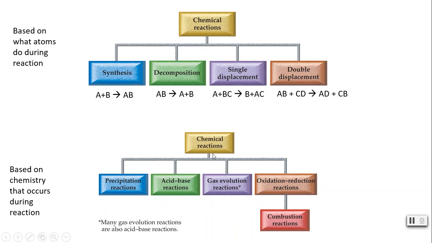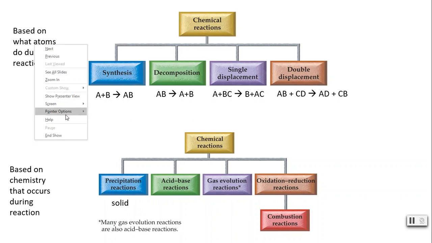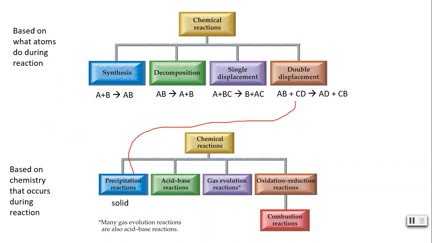We can also classify based upon their chemistry. We said that all precipitation reactions are reactions where a solid is produced. Most of the precipitation reactions we are going to talk about in this class are going to also be classified as double displacement reactions. When predicting the products of a double displacement reaction, if one of these products is a solid, then it would also be classified as a precipitation reaction.